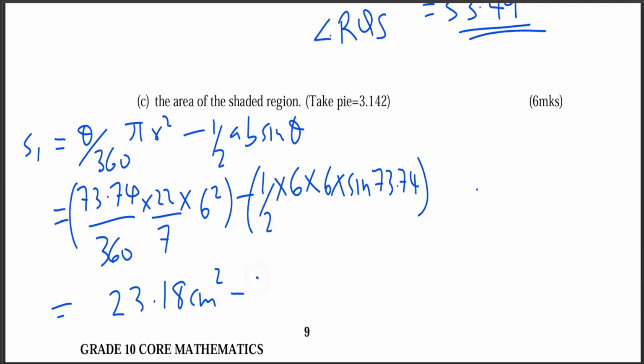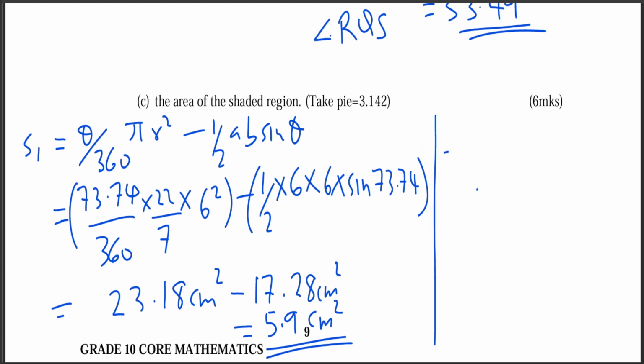It's going to give us 17.28 centimeter square. If you subtract the two, 23.18 minus 17.28 is going to be 5.9 centimeter square. So this is our answer for segment 1.